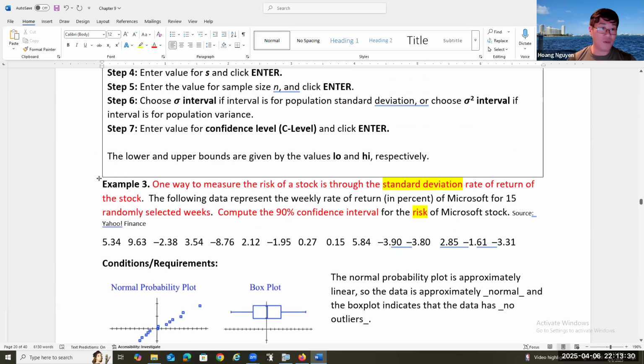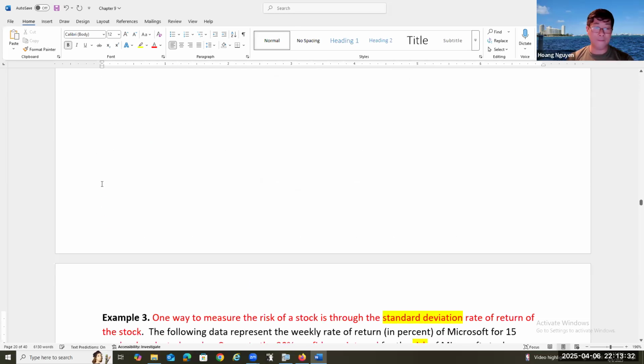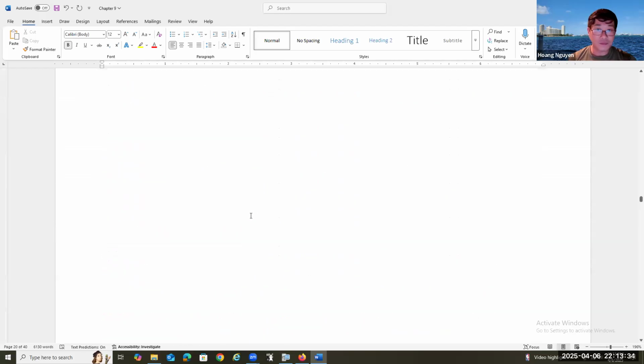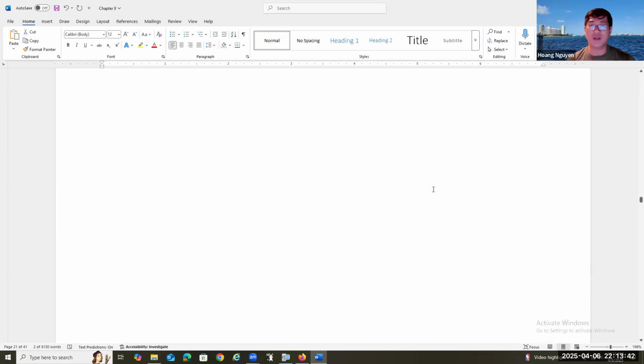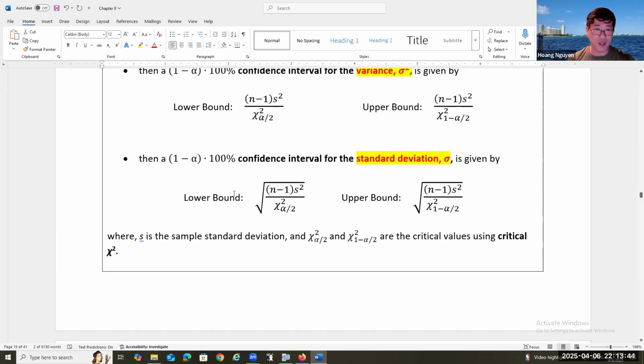Let me copy the formula for the lower bound. Watch out, everyone. This question asks us to calculate the confidence interval for the standard deviation, so make sure you're using the formula with the square root. This is going to be the lower bound.